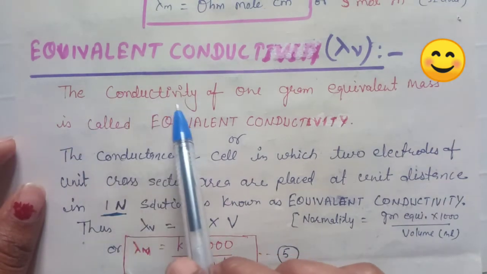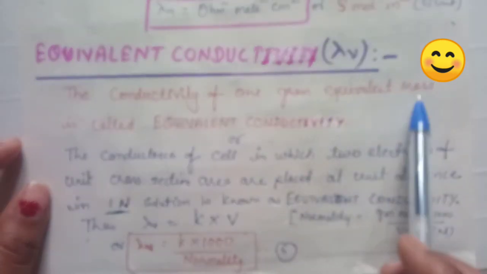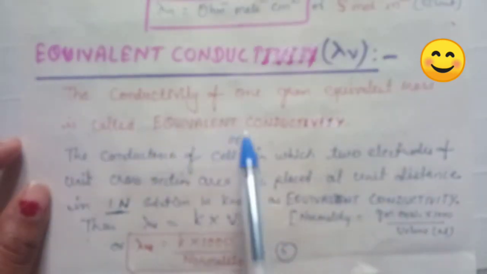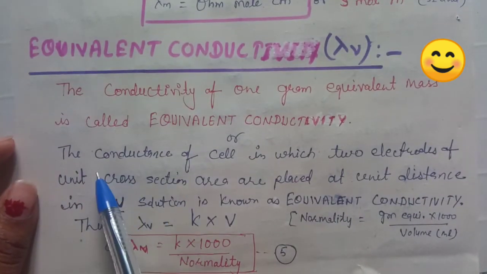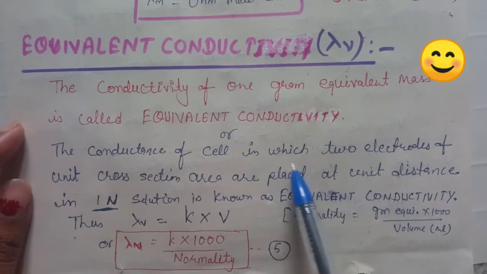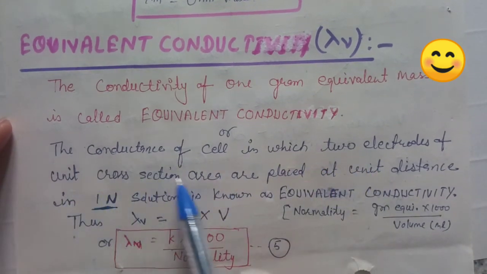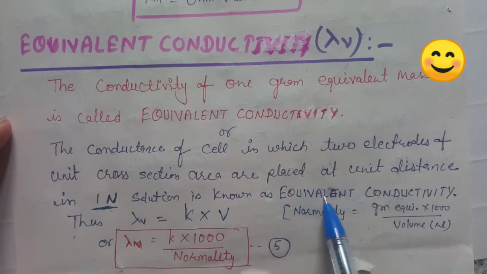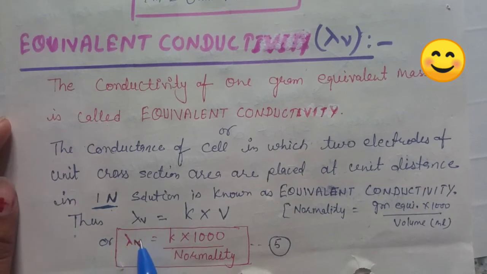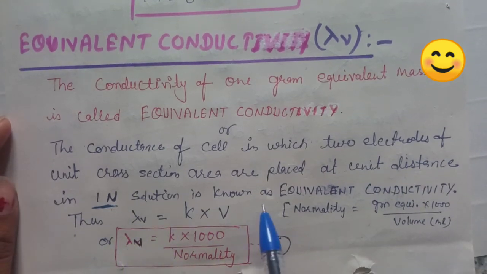The conductivity of 1 gram equivalent mass is called equivalent conductivity, or the conductance of a cell in which two electrodes of unit cross-section area are placed at unit distance in 1 N solution. It is denoted by lambda V, while molar conductivity was denoted by lambda m.